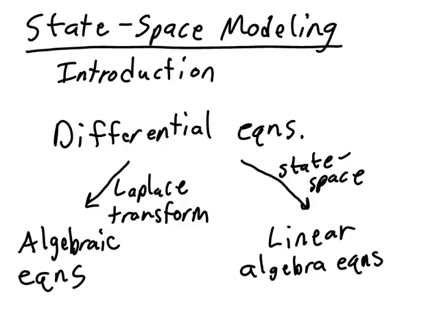By expressing the system in matrix form, we can reduce the amount of substituting in that we have to do to reduce several equations into one single transfer function. So let's take a look now at how state space modeling works.